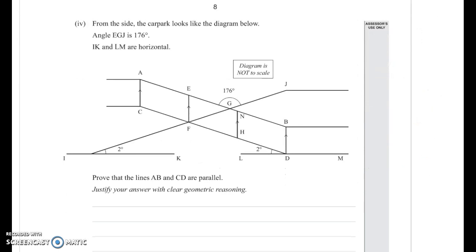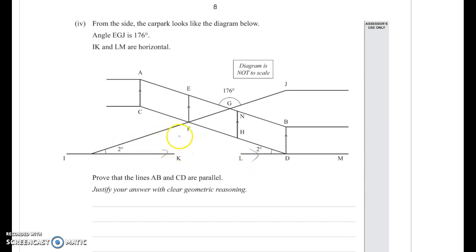So looking at part 4, question 1B part 4, have a read, do it, and then look at this. So car parks look like the diagram below. We are told that IK and LD are both horizontals. Now, we don't know that if I did that line there, that'd be straight, but I do know that those two are parallel.